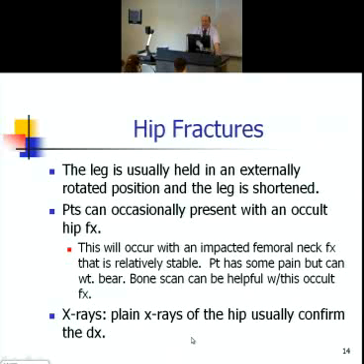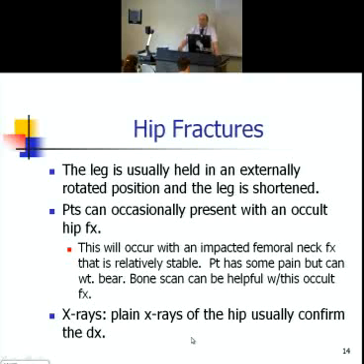Most of the time, the classic position that these patients will be is they'll be lying on their back. The leg will be externally rotated, so that means that the leg is, like if this is my knee, my leg is out this way because the hip is externally rotated and the affected leg is shortened.